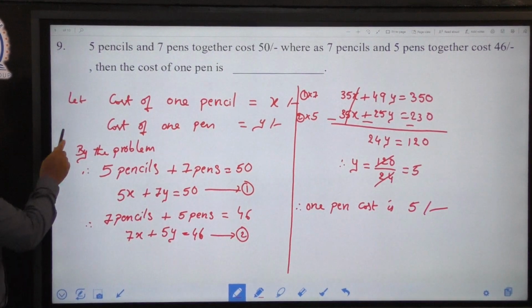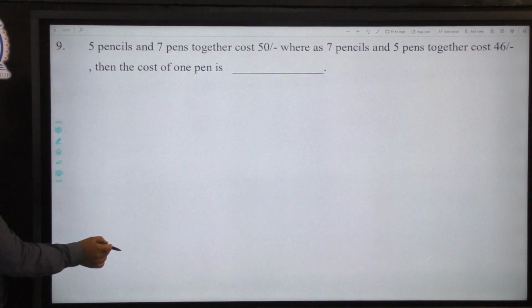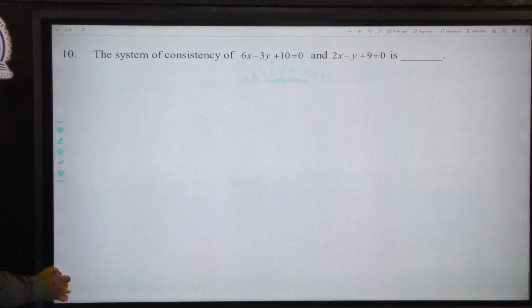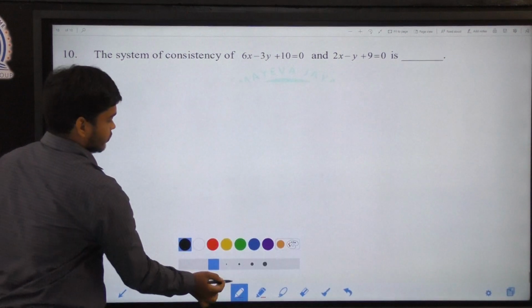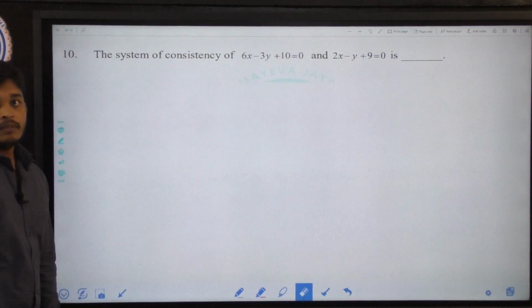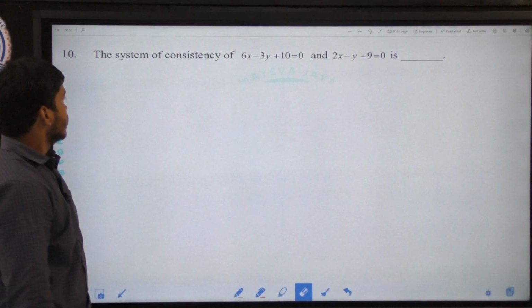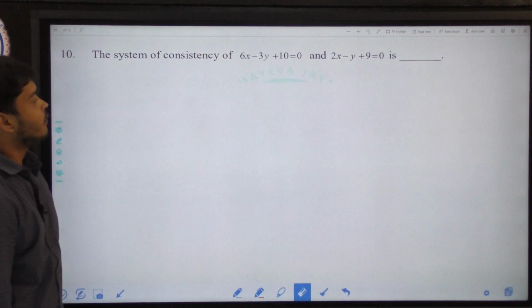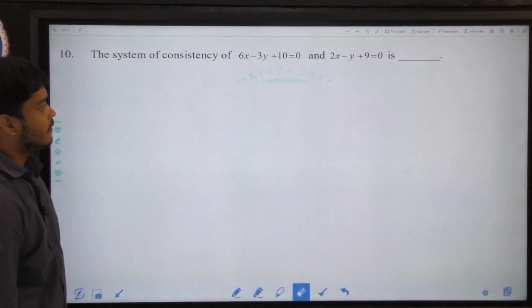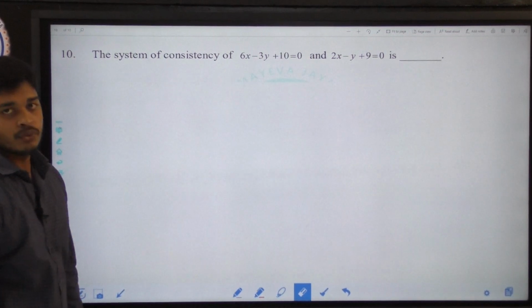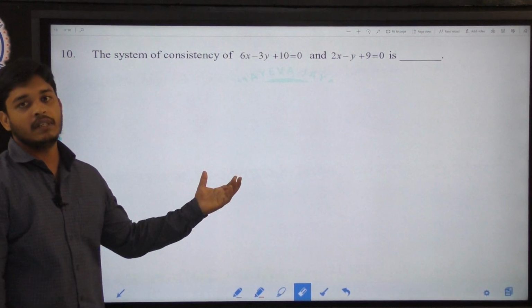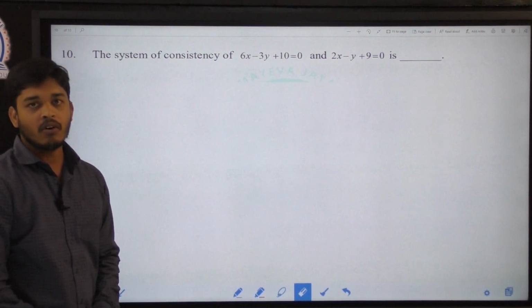Next question. The system of consistency of 6x minus 3y plus 10 equals 0 and 2x minus y minus 9 equals 0. The system of consistency means what kind of lines these two are: consistent or inconsistent.